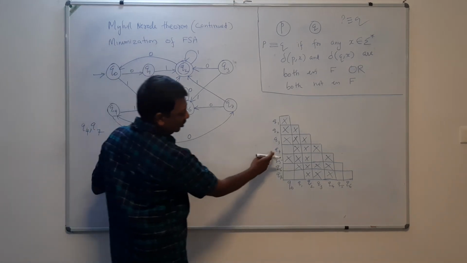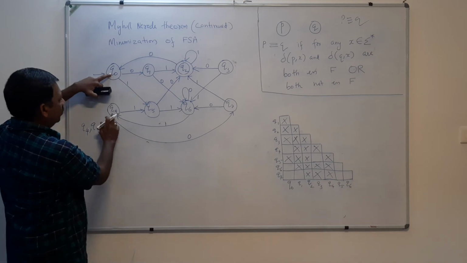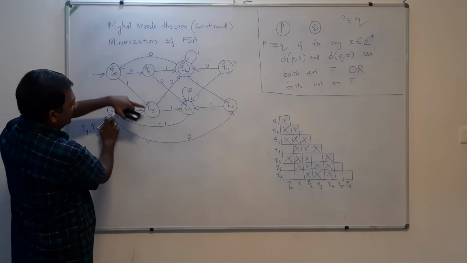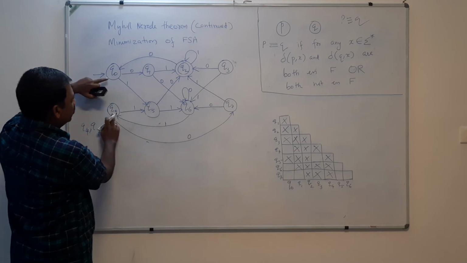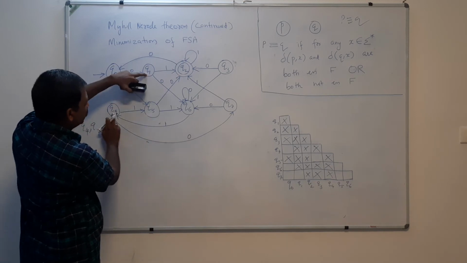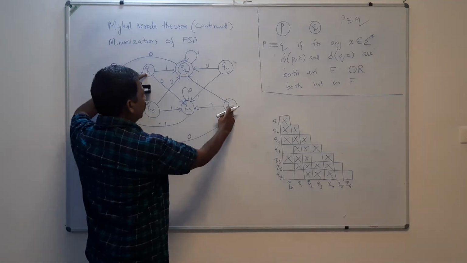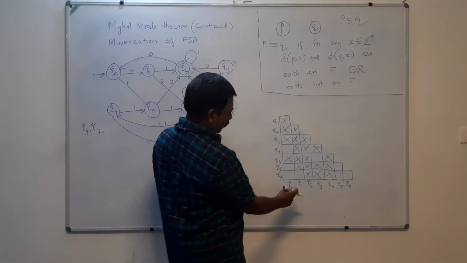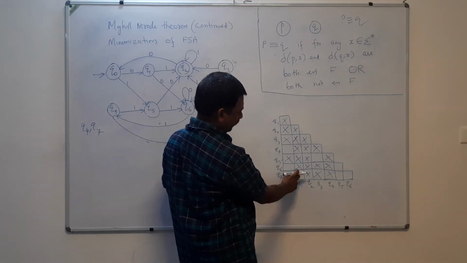Then what about Q0 and Q4? Q0 on 1 is Q5 and Q4 on 1 is Q5. That means same state. What about 0? Q0 on 0 is Q0 and Q4 on 0 is Q7. What about Q1, Q7? We are not in a position to fill this.